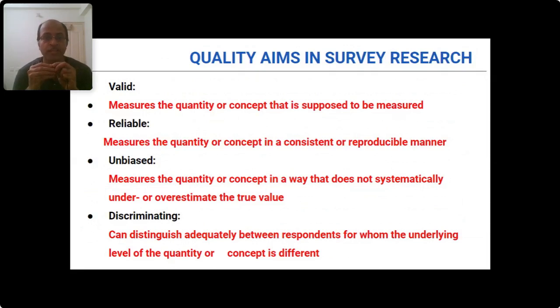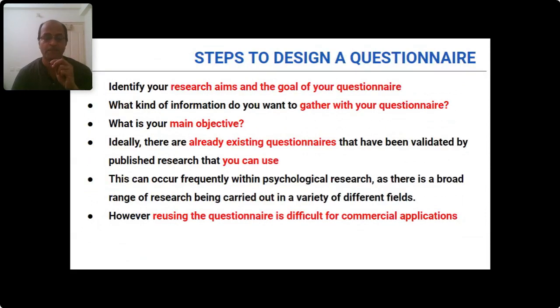Then it should be discriminating, meaning it should tell which respondents are properly answering it and which respondents are not, which is equally important. It should be in a position to distinguish between the proper responses and the responses which are not appropriate or which do not exactly fit the survey aspects that are required.